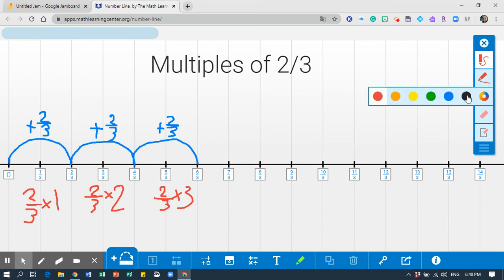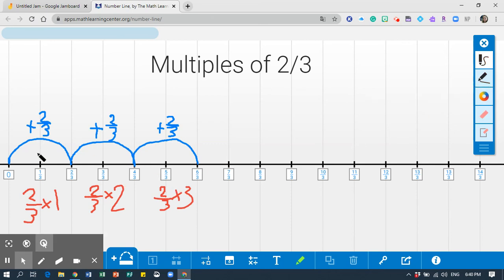And then I could just list them. So you don't have to use both methods. Choose one. You could either use repeated addition or multiplication. So again, you get 2/3, and then colon, and you write your multiples of 2/3. So the first one is 2/3 right here.